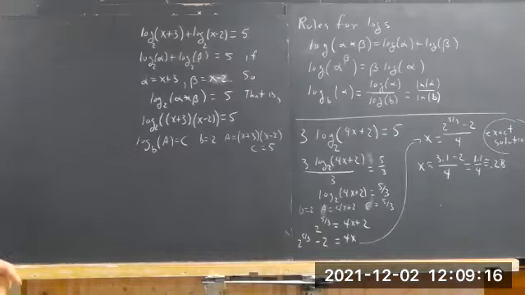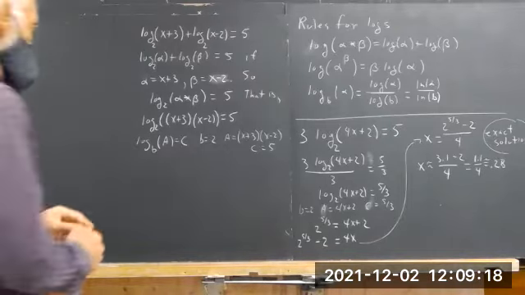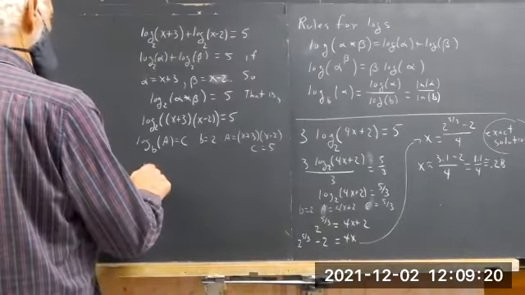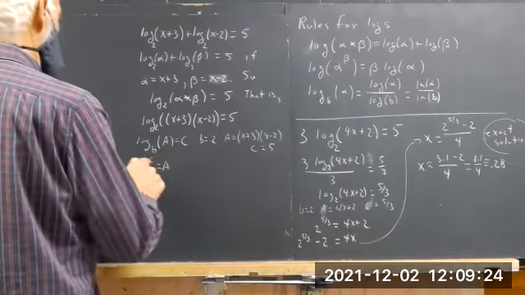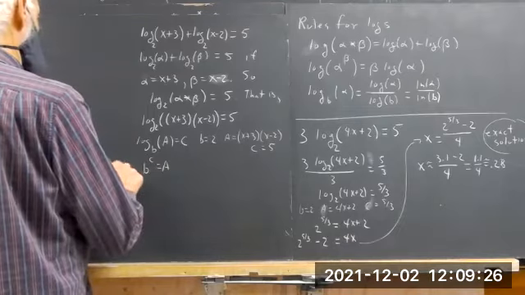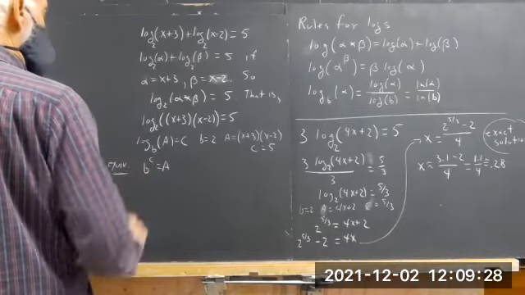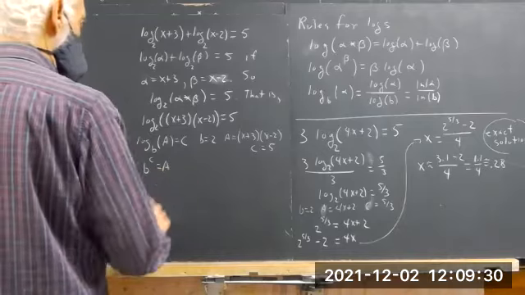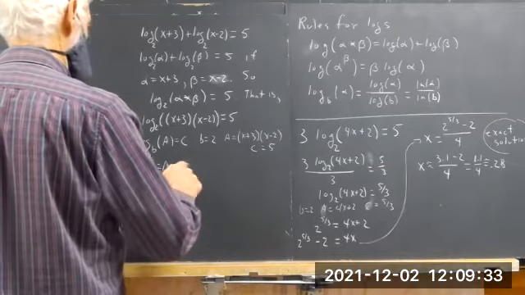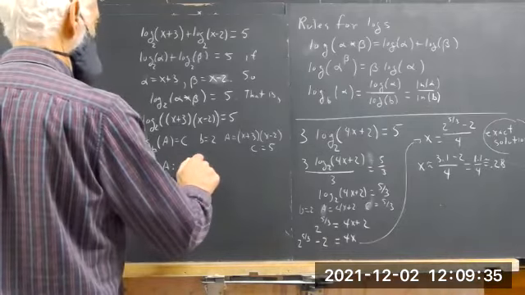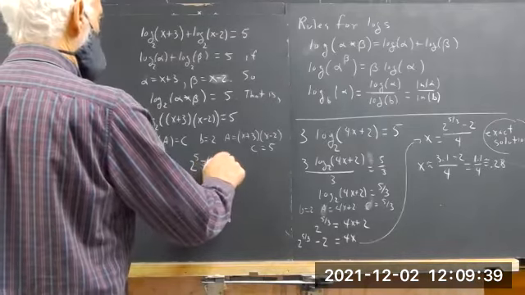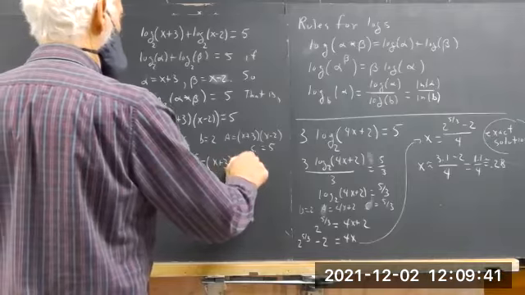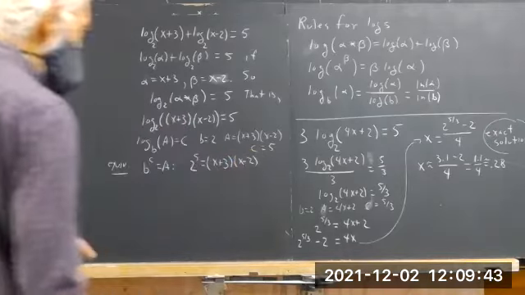Now this is equivalent to b to the c equals a. So that's going to be 2 to the 5th equals x plus 3 times x minus 2.